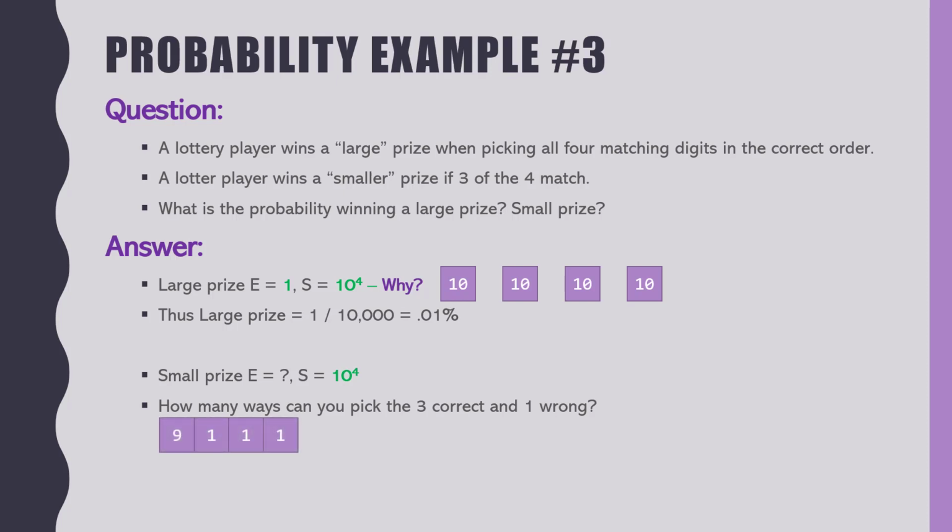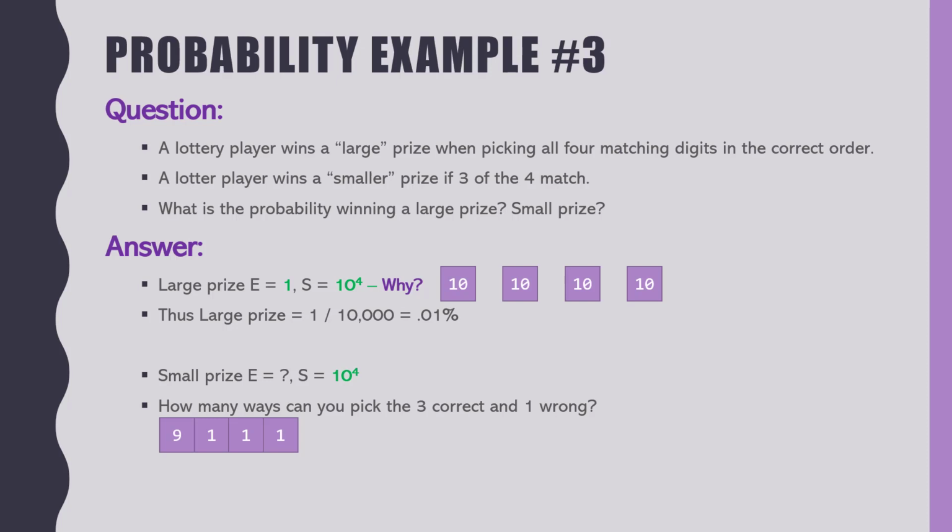Starting here, for the first digit, there are 9 wrong answers. Agreed? Right? So if the lotto picks were 2, 4, 6, 8, well, 0, 1, 3, 4, 5, 6, 7, 8, 9 are where I would get the first digit wrong.